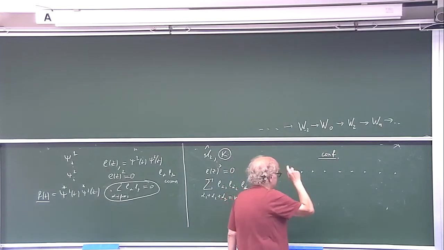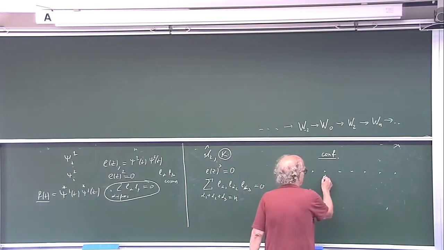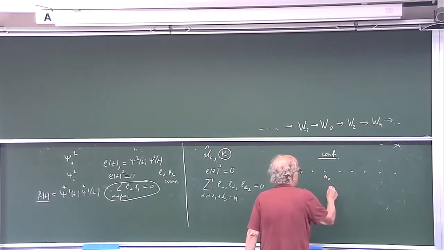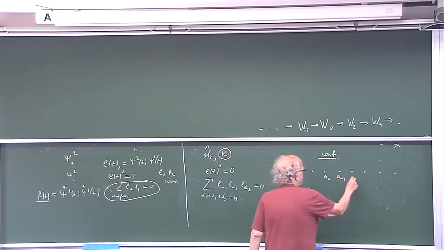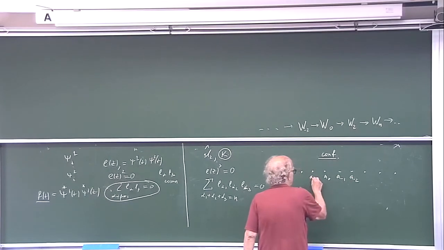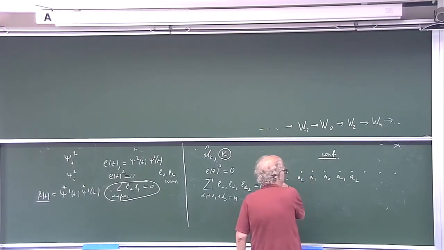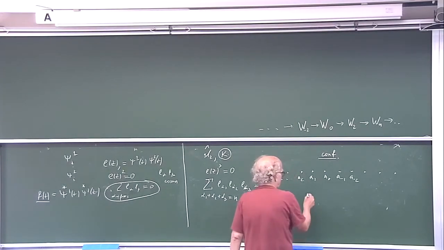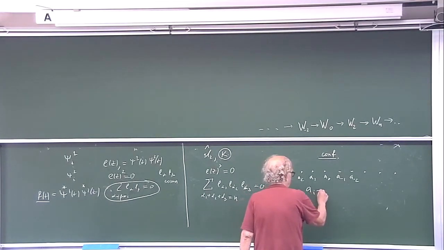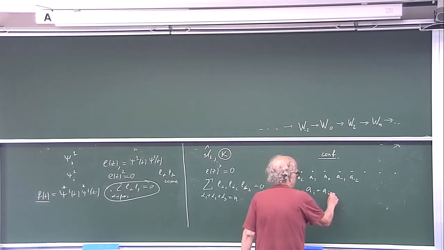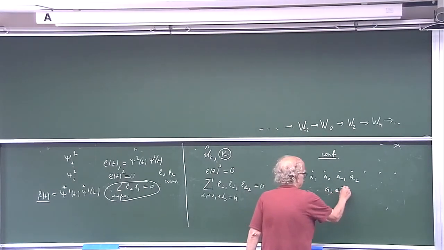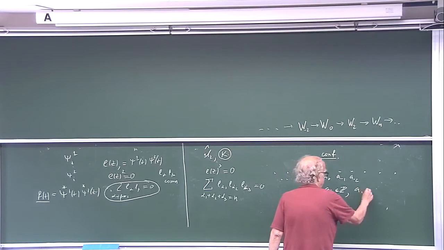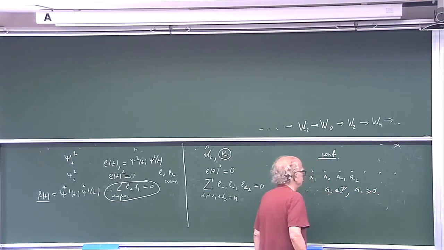So it means that now at each point I put numbers, a0, a_{-1}, a_{-2}, a1, a2, and so on. But now the condition will be the following: first of all, such e_i are integers, and they are non-negative.